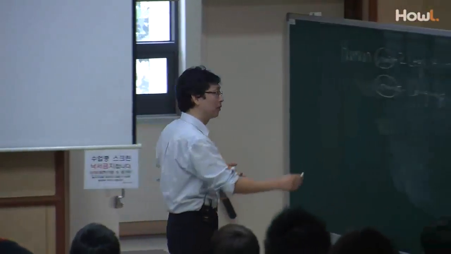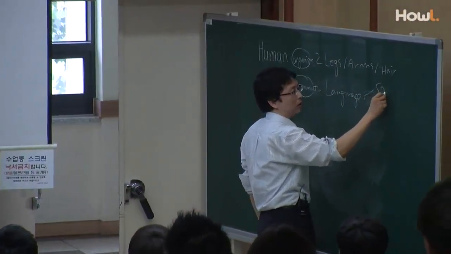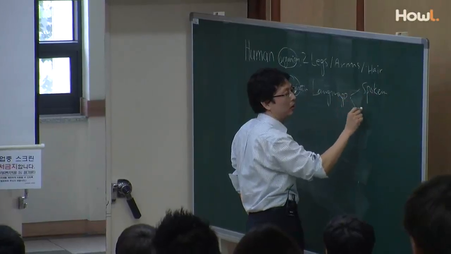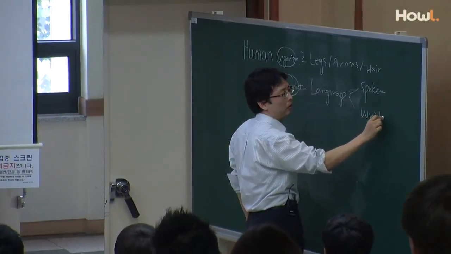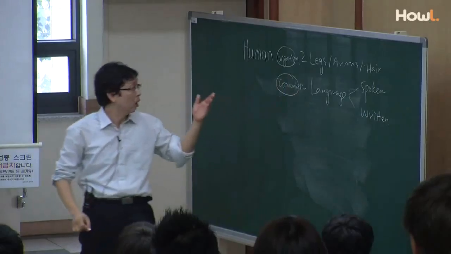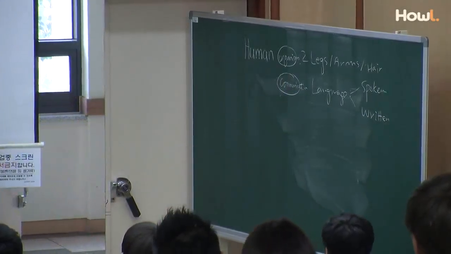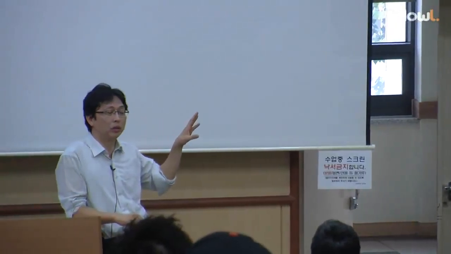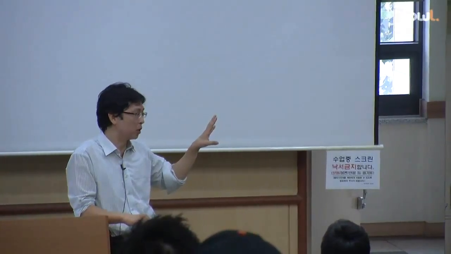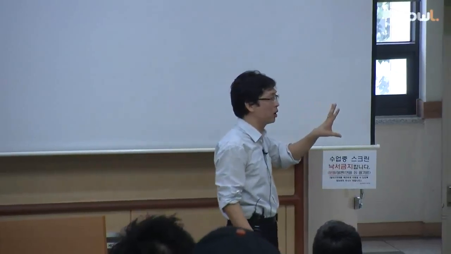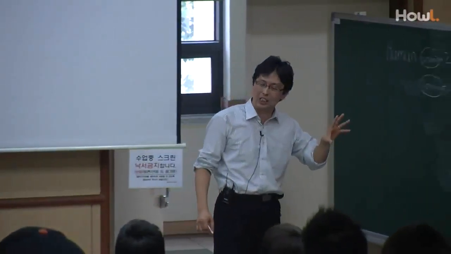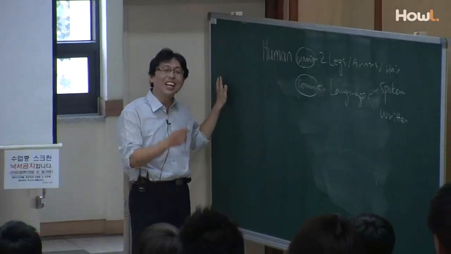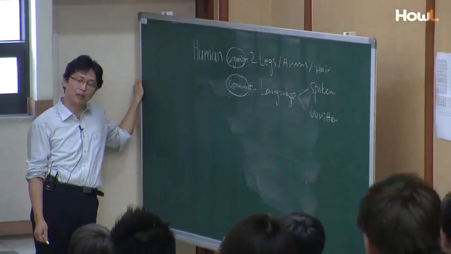Spoken language, written language. Probably only human beings have a written language, right? But from what I heard of some new evolutionary studies, some of the apes can write some letters to communicate. So it's not a unique approach of human beings.